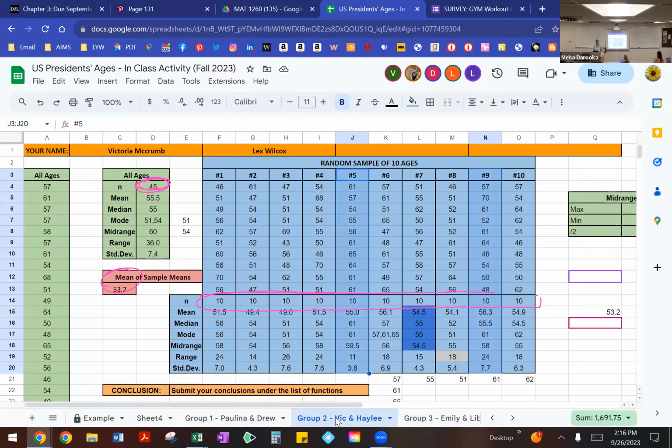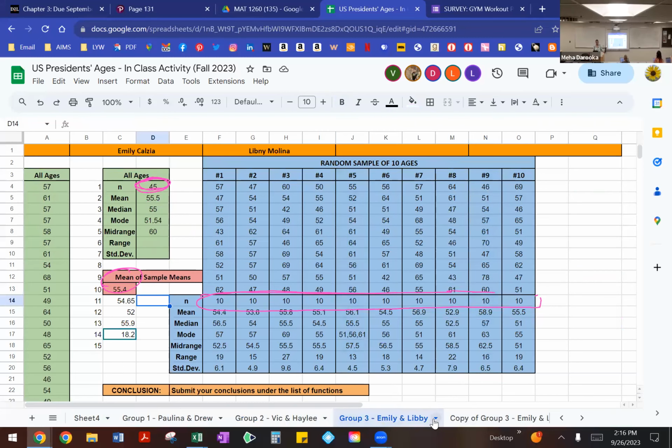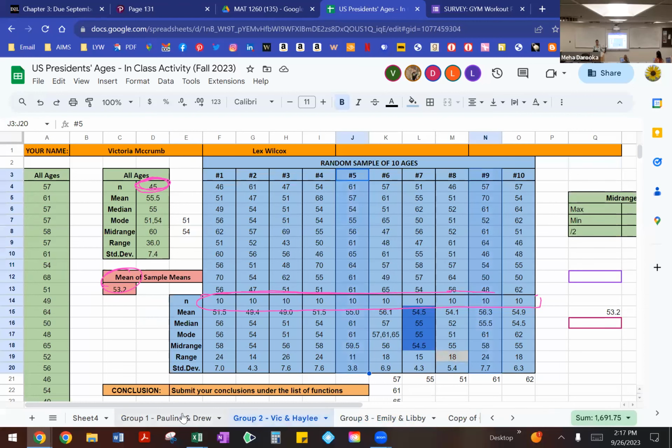You're a little over 2 away. And then looks like you are at 50. So you are the closest one out of all of us to being close to the population mean, 55.4. That's good. So Vic and Haley, what do you think happened here for you guys to be kind of on the lower side of that?